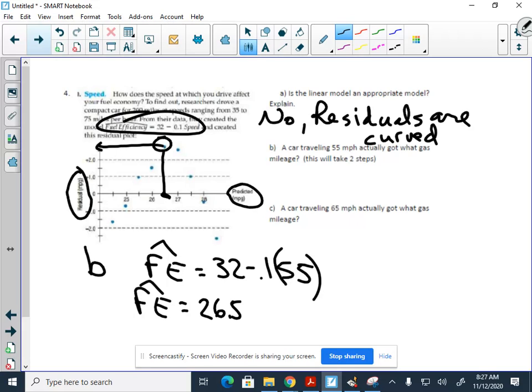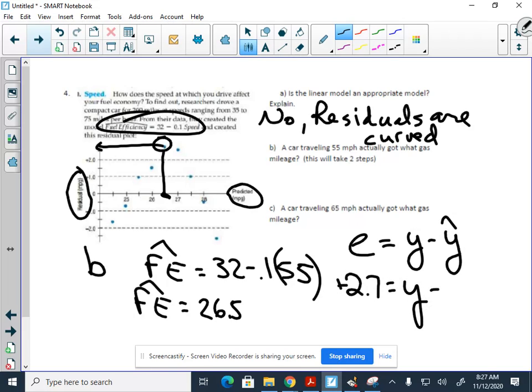Now, any estimate there, even if you said it's 2.5, that's fine. Let's remember E equals Y minus Y hat. So if that residual is a positive 2.7, we take Y minus Y hat. Here's our Y hat, 26.5. We add that on.